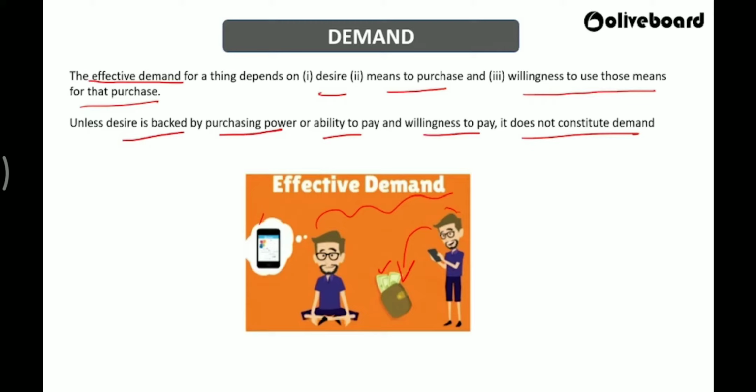You have only a wish. If you don't have the ability, or you don't want to use that ability, would it constitute a demand? Obviously no. So in economics, effective demand depends on desire, your ability to pay, and your willingness to use your ability to purchase the product.